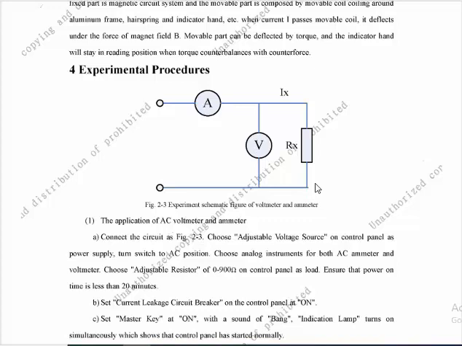So always the voltmeter is connected in parallel with the circuit. So you should take note of that. Voltmeter is always connected in parallel with the circuit, while the ammeter is always in series with the circuit. Only the live wire is passing through the ammeter, but for the voltmeter, the live and neutral go to the voltmeter. So take note of that.